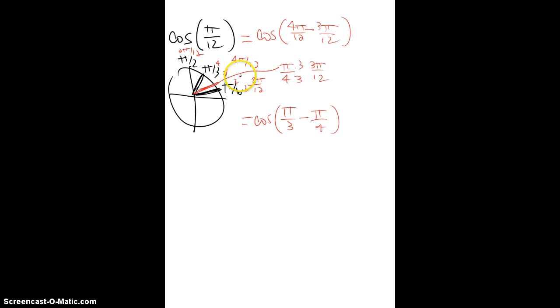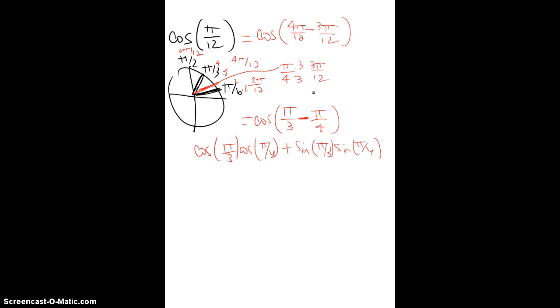But to figure out what subtracts or adds to that, if I'm using subtraction, not plus and negative, then I have to use the subtraction formula, which would be cosine pi over 3, cosine pi over 4, plus sine pi over 3, and sine pi over 4. But if you want to do plus and negative, that's fine. Just use the plus formula and make sure you have a negative angle in there.